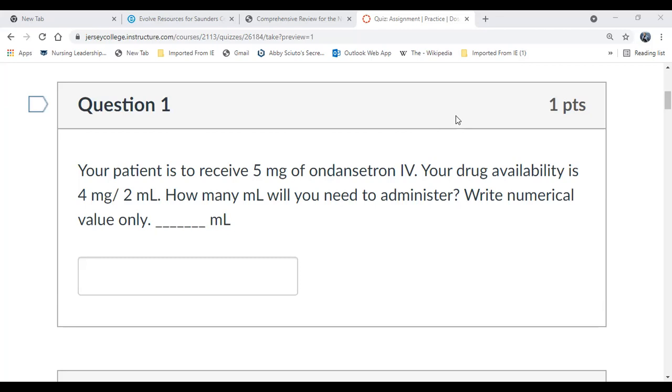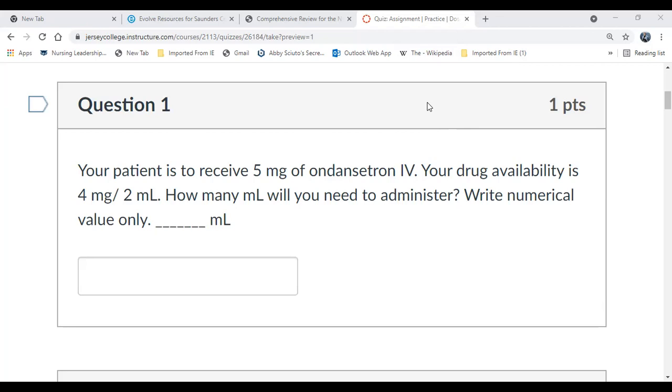The doctor's order is your patient is to receive 5 milligrams of ondansetron IV. What you have on hand is 4 milligrams per 2 ml. So how many mLs will you need to administer?